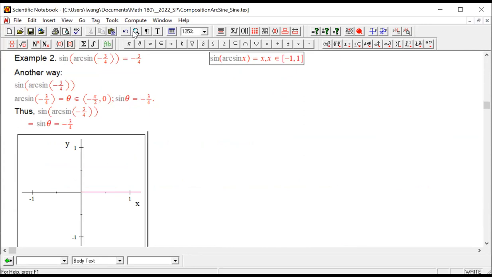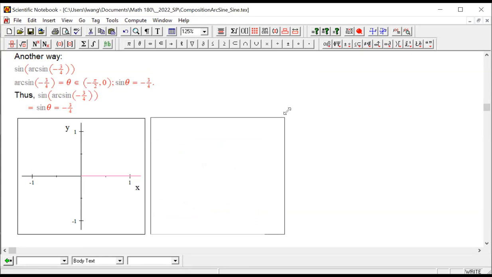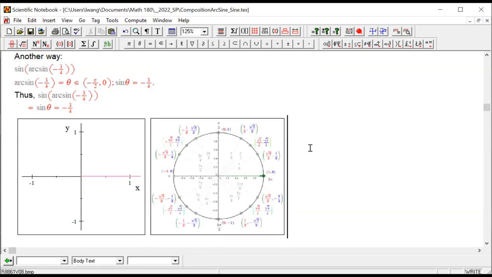For these two examples, the first example and second example, we know that for arc sine, we chopped off quadrant 2 and quadrant 3. For the positive ratios, those are the output for arc sine that produces positive angles.